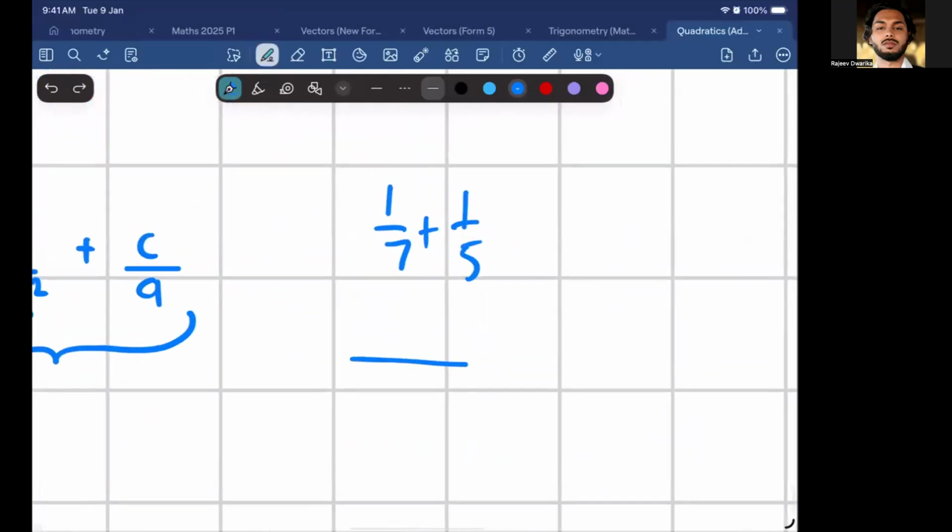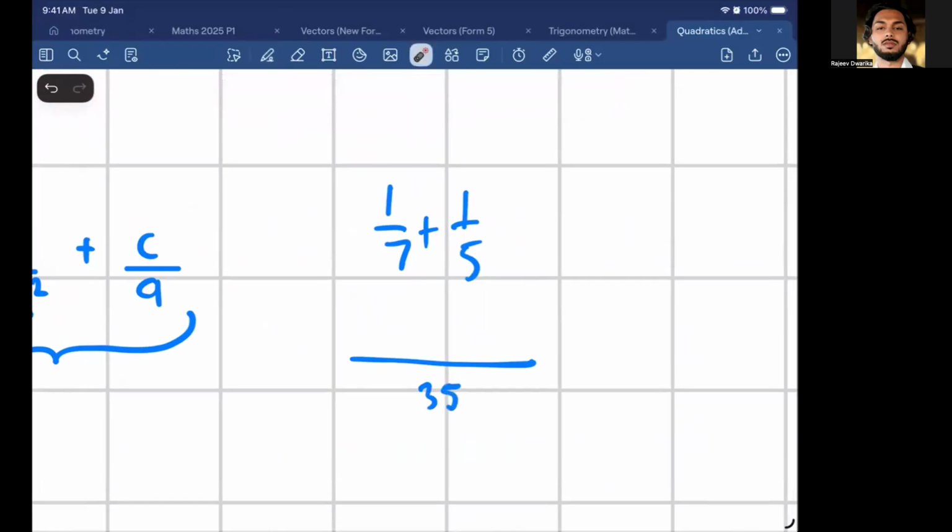So Serena, if you wanted to find the LCM of this, give me a possible LCM. 35. Right? And why did you select 35? 35 was the smallest number in which 7 could go into it and 5 could go into it.